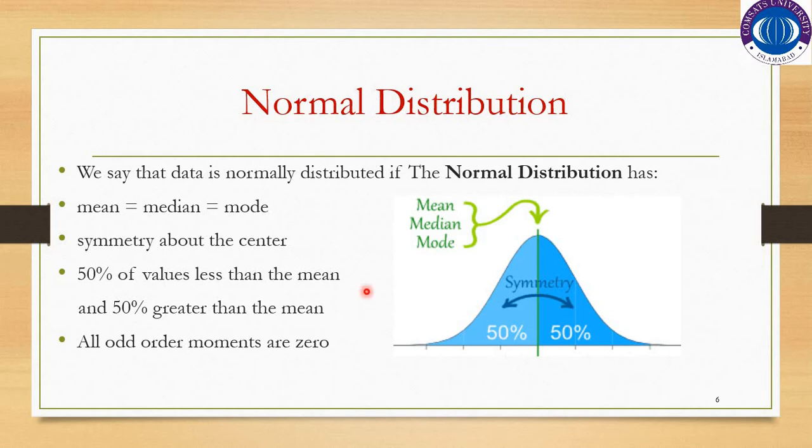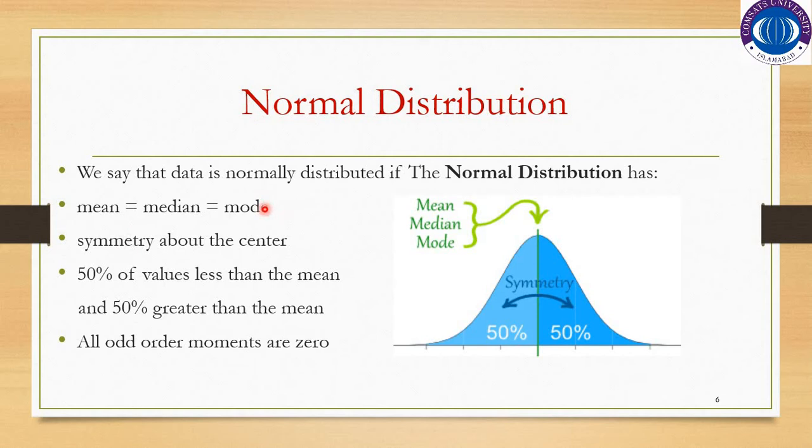We say that data is normally distributed if it has the following properties. As we have discussed in the previous part also, just for the sake of revision, mean should be equal to median and equal to mode.